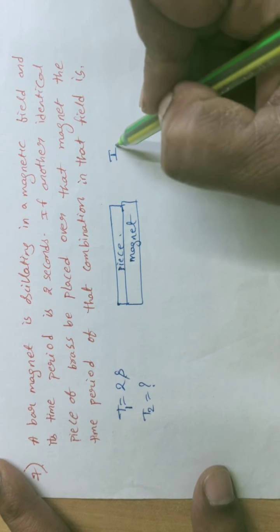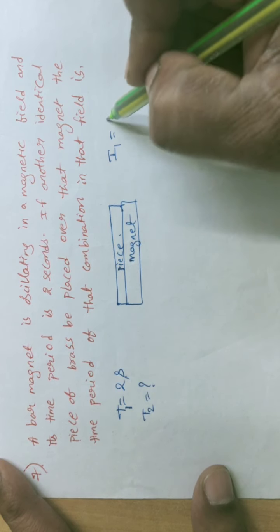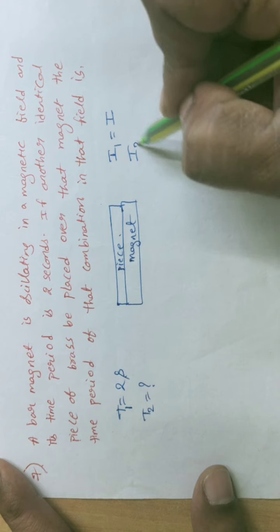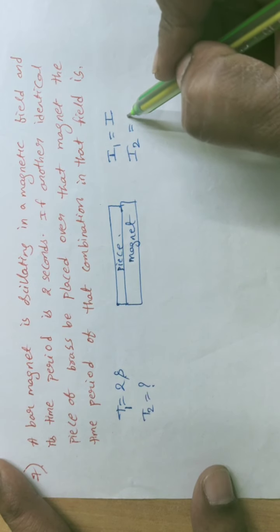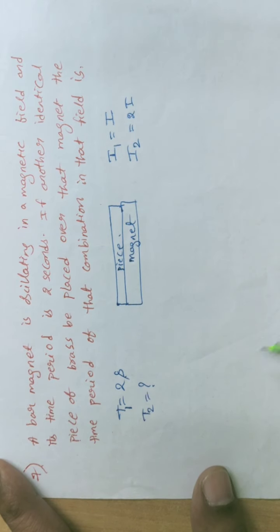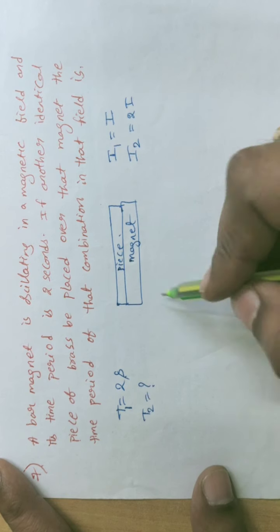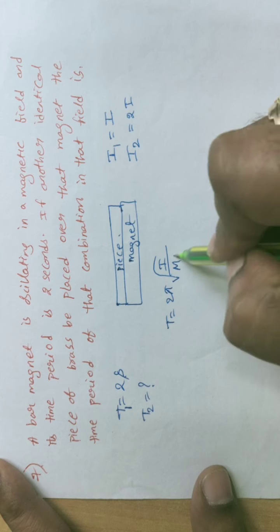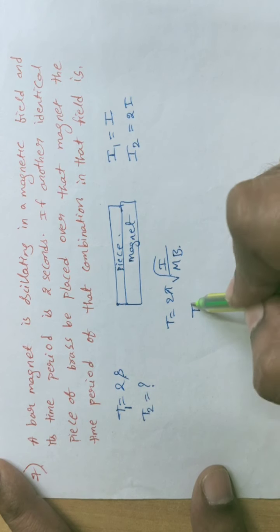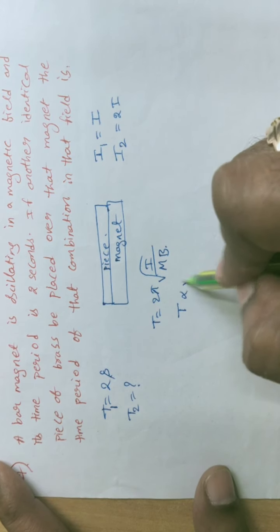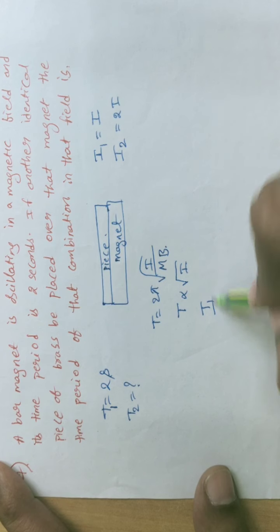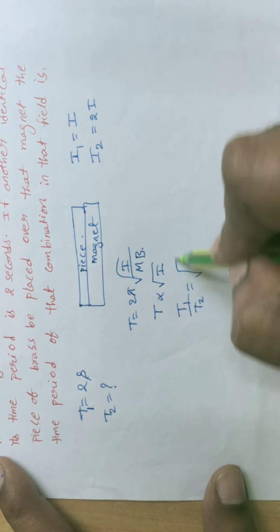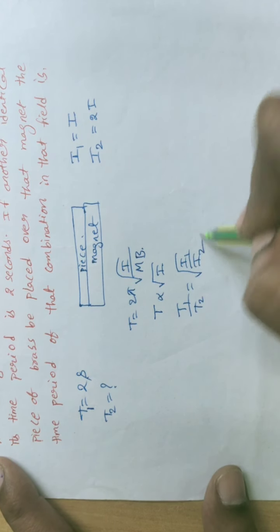In this situation what happened? Initially the moment of inertia for one magnet is I. Here, with two things present, the moment of inertia becomes double. So we know T is equal to 2 pi into root over I divided by MB is the general formula. So T is proportional to root I, therefore T1 divided by T2 is equal to root over I1 divided by I2.